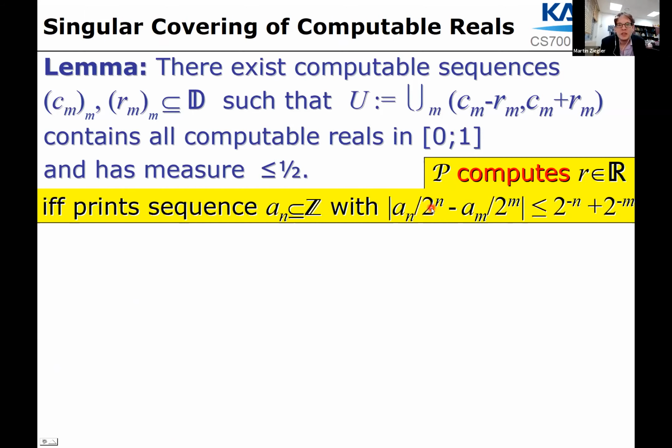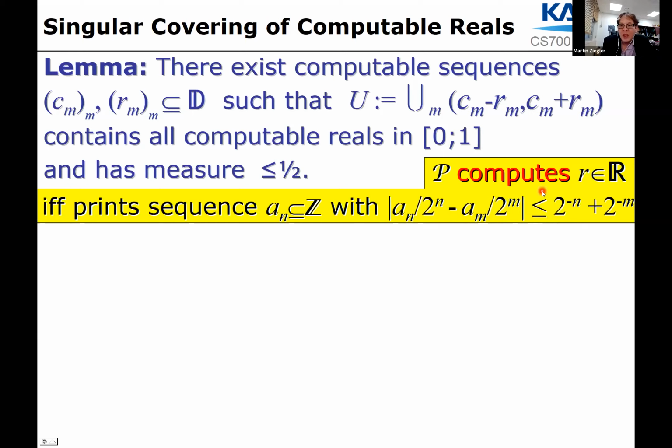So without specifying which real number is to be computed, to compute some real number means to compute such a Cauchy sequence that satisfies this error bound. Then it's easy to see that such a sequence indeed converges by the Cauchy property to some real number which it approximates up to error 2 to the minus n.